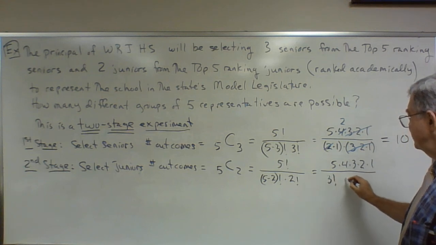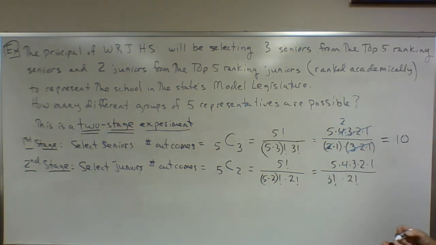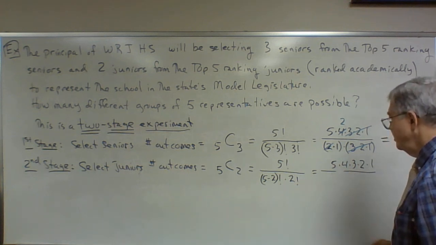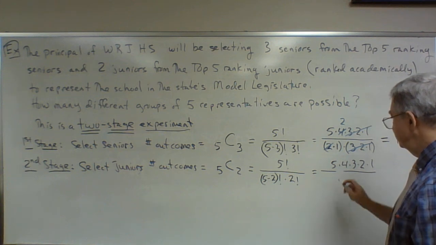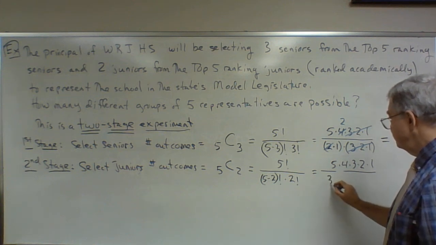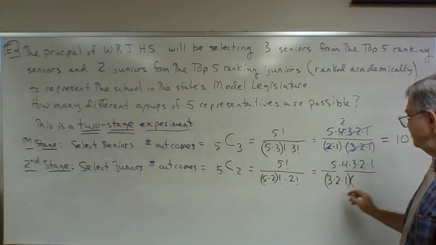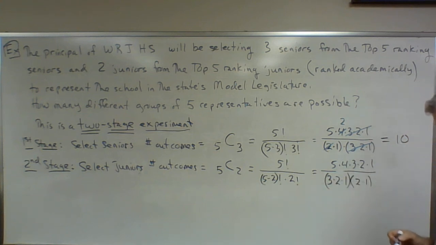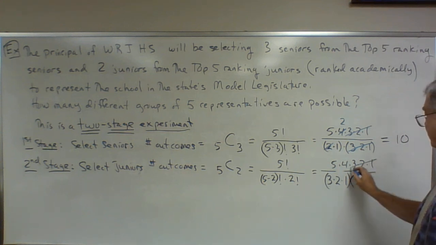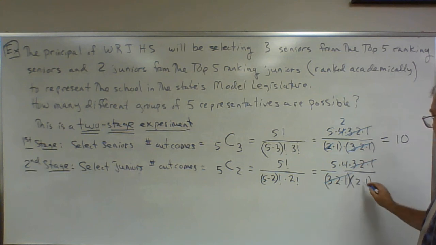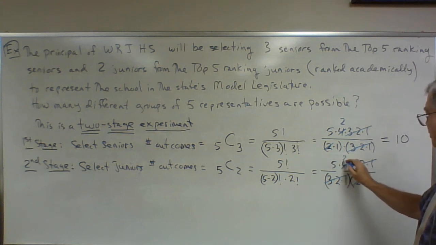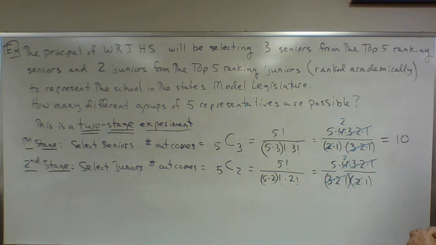Three factorial times 2 factorial. Whoops, let's see. This is 3 factorial, so this is 3 times 2 times 1. This is 2 factorial, 2 times 1. And wow, these 3 factors cancel with those 3 factors, and the 2 here cancels with one of the 2's and the 4. Son of a gun, we get a 10 again.